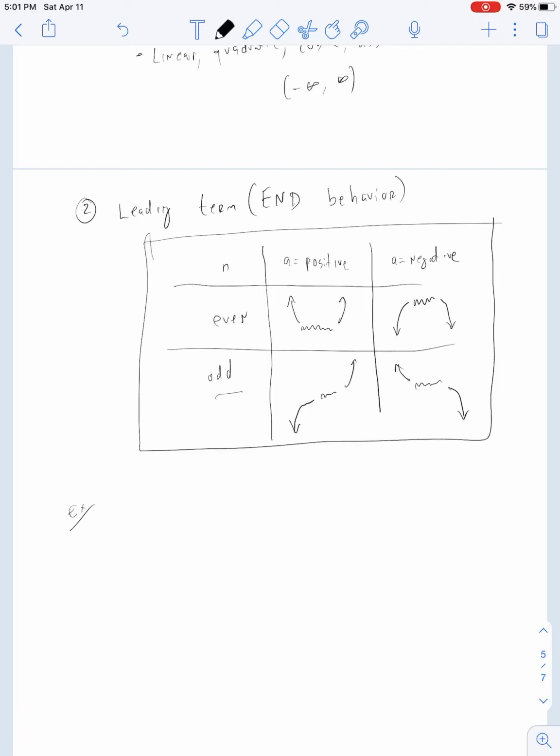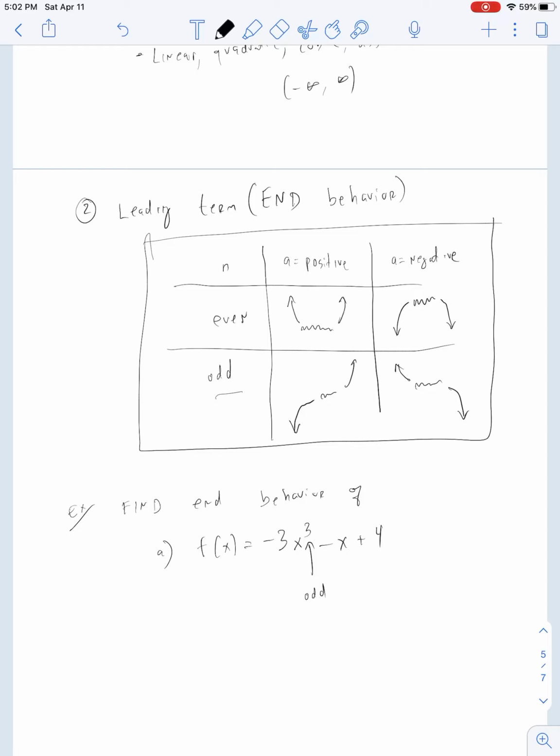We want to look at, let's just say, the end behaviors. Let me see if I can find some nice examples. We want to find the end behavior of, how about f of x equals negative 3x to the third minus x plus 4.